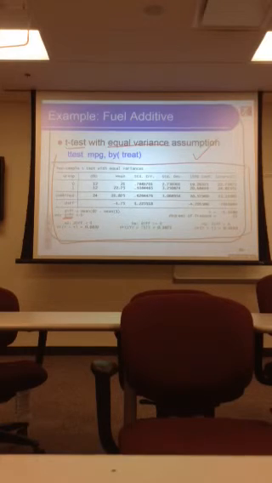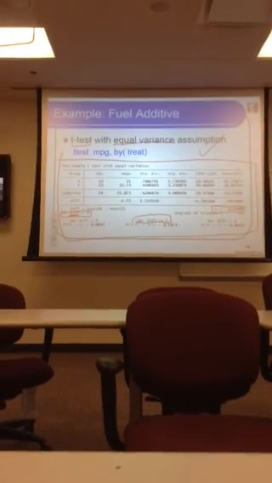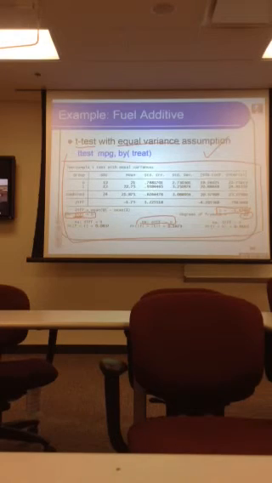Step number 2, define your null and alternative hypotheses. Your null hypothesis is right here: there is no difference between the 2 groups, the difference equals 0. Your alternative hypothesis, if it's 2-sided, is here: the difference does not equal 0. Then step 3, calculate the value of the t-test statistic, with degrees of freedom equal to 22.